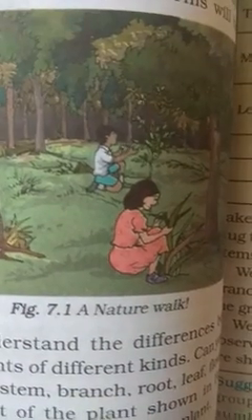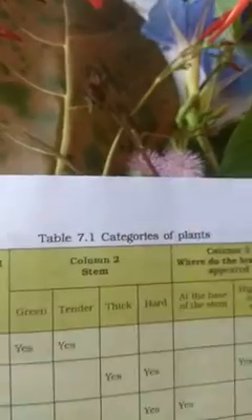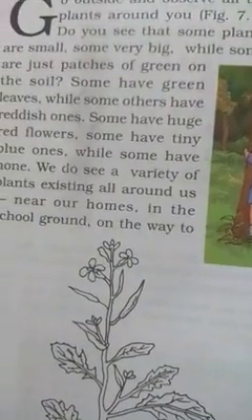Some have green leaves while some others have yellow leaves or colorful brownish reddish leaves. Some have red flowers, some have blue flowers. So you can see a variety of flowers from small to huge flowers.